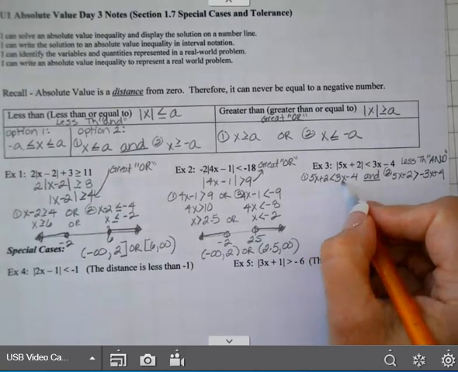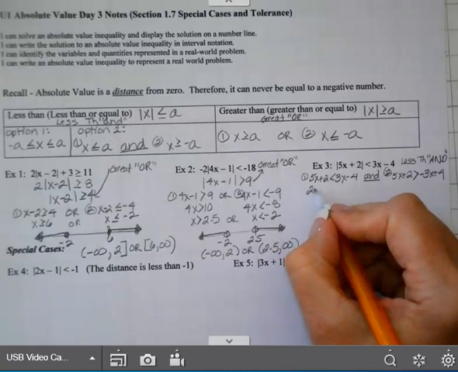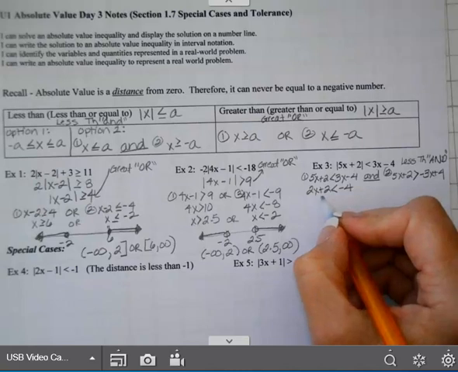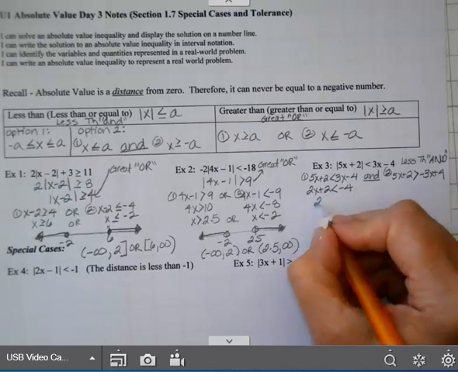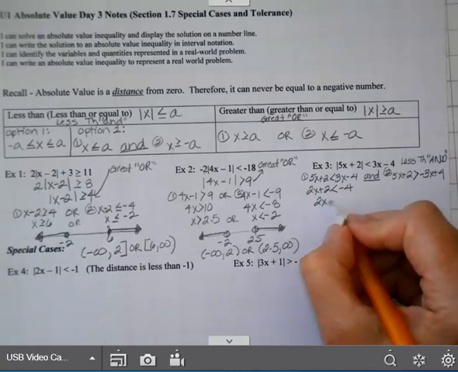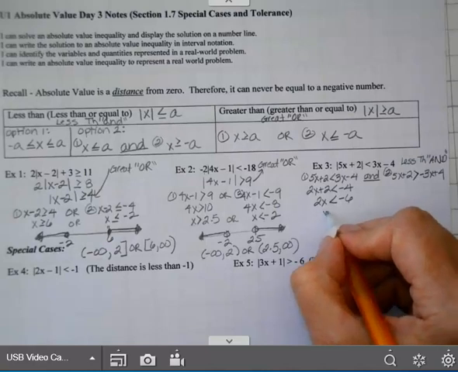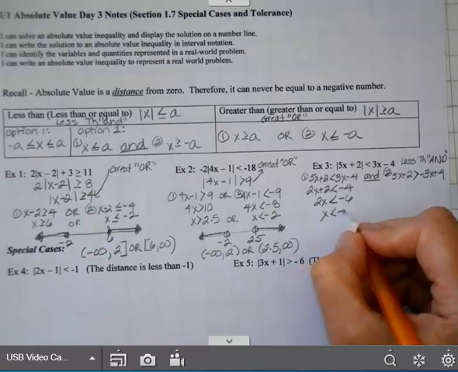On the first inequality, subtract 3x. And then I'm going to subtract 2 from both sides. And divide by 2. So I have x is less than negative 3.